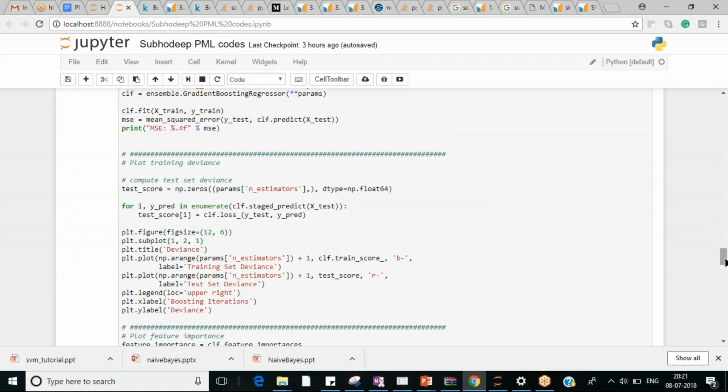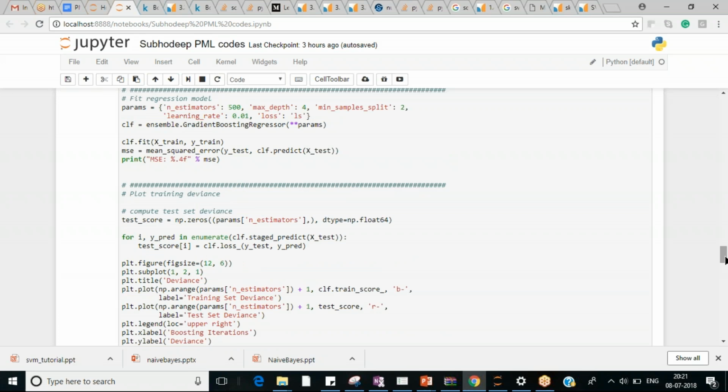Correct. So similarly, for example, in the boosting, right now what we have done is we have just kept the n_estimators at 500, the max depth as 4, minimum sample split as 2, and learning rate as 0.001. Now, who has told you to keep these parameters? No one, right? You just kept it with your own intuition, or you just kept it randomly. So you don't want that.